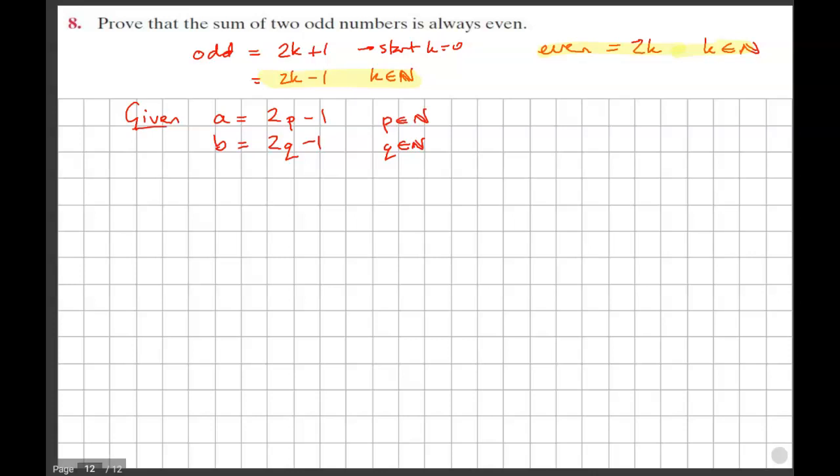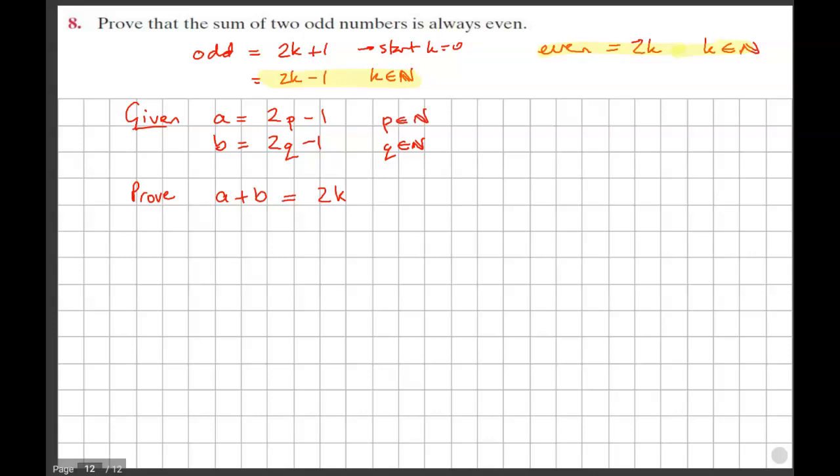They're the two pieces I've been given. I'm being asked to prove that the sum of those two odd numbers is going to equal some other number that is 2 lots of something. It's an even number.